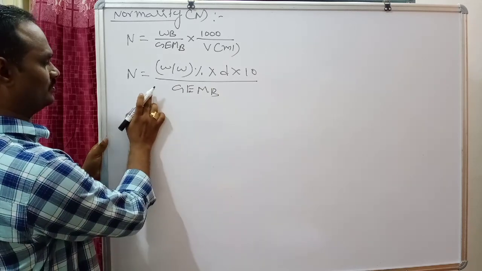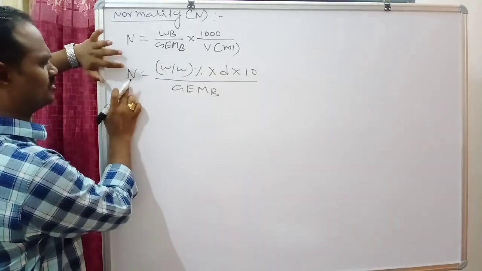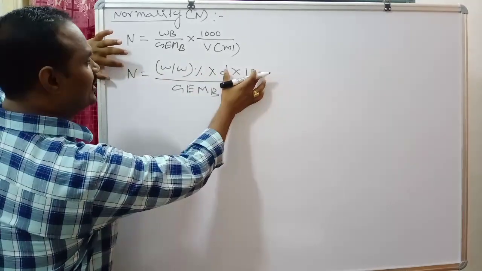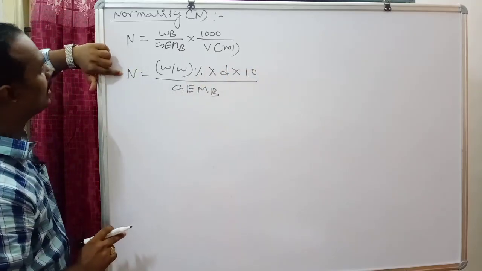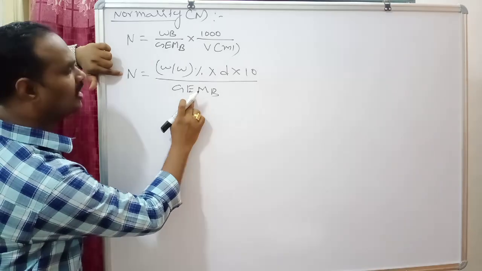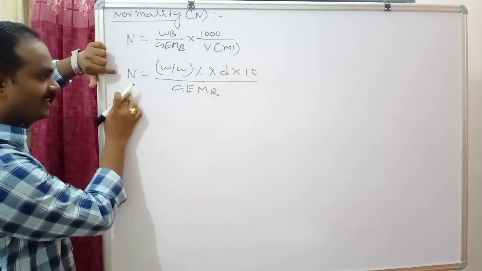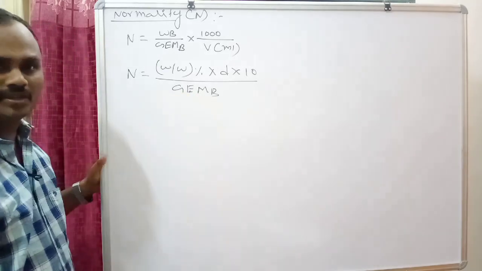Carefully see, the numerator is the same but only the denominator changes. If it is molarity, molar mass of solute is taken; for normality, in the denominator we take gram equivalent mass of solute.